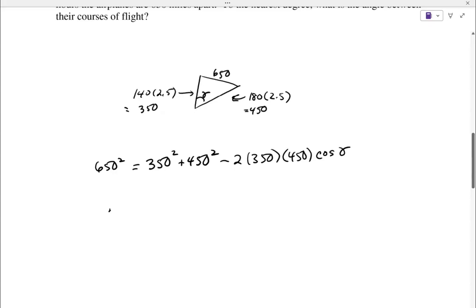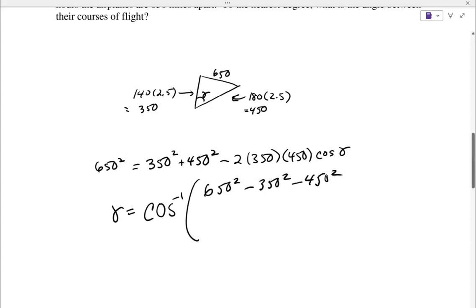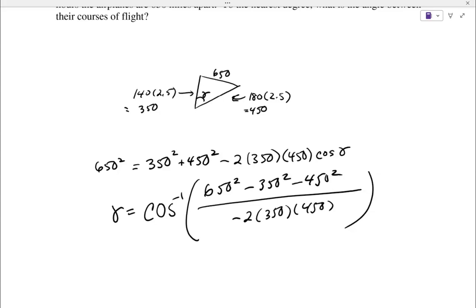So without me doing all the arithmetic, that's what a calculator is for, you should have inverse cosine of 650 squared minus 350 squared minus 450 squared all over -2 times 350 times 450. If you like to type everything in one line on your calculator at once, that's what you want to type in. If you like doing it a step at a time, please do. I just didn't feel like typing it in the calculator.